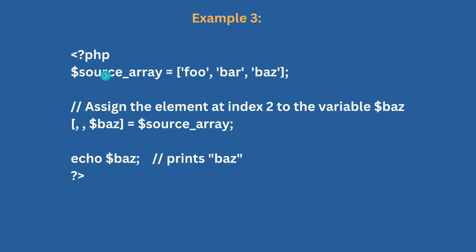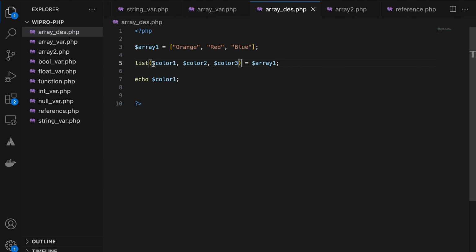Also see here one array is there, and three values are here. Now what I'm doing, I'm not giving any name to two values, and I've given only one variable, meaning I am not giving this, I'm not giving this.